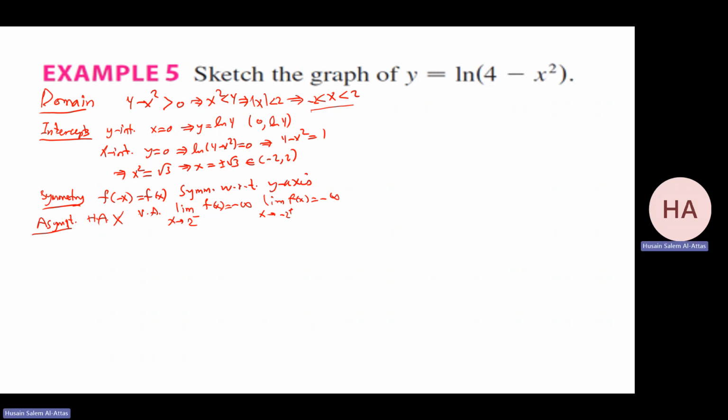So I have vertical asymptotes x equal 2 and x equal -2.